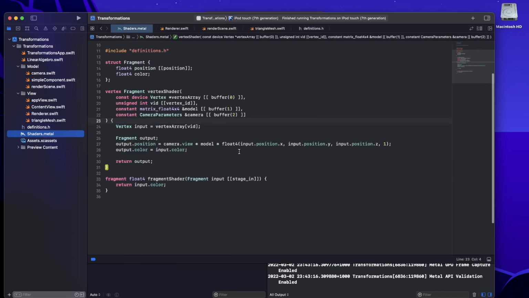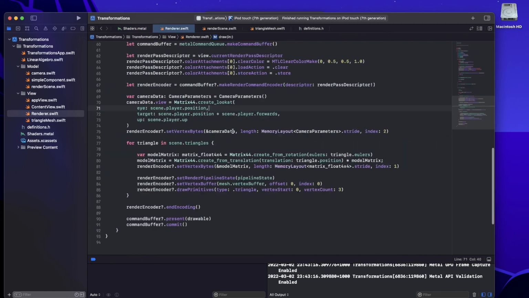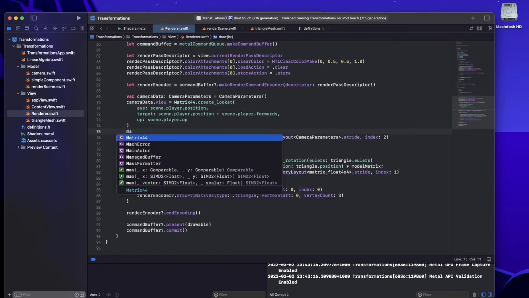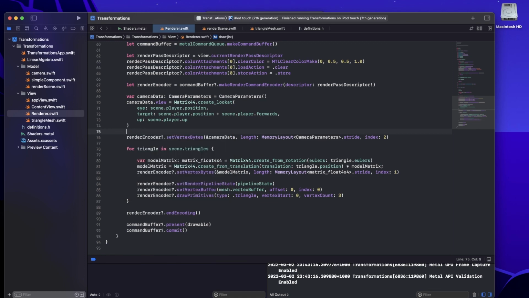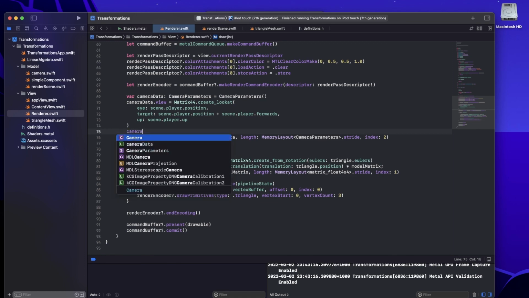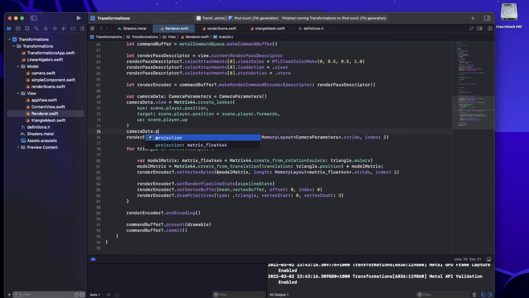And in our shader, also going to multiply there. Okay, cool. So we've set the camera's view. Now we're going to set its projection.